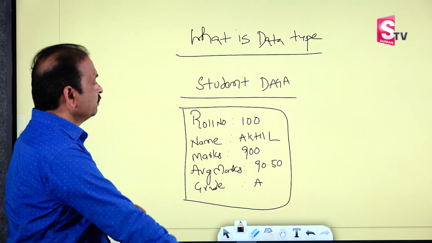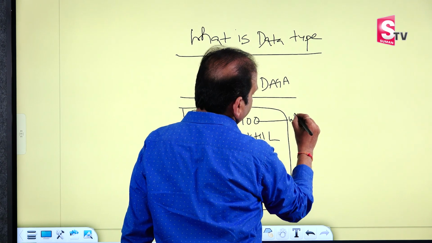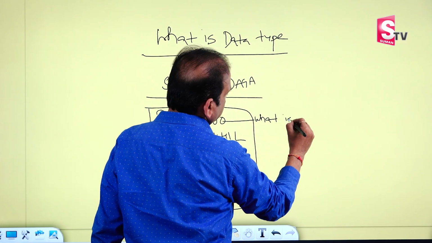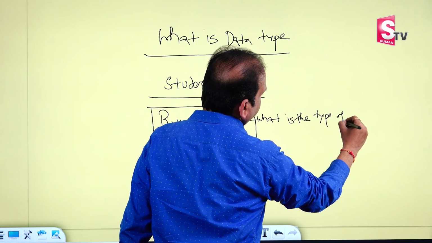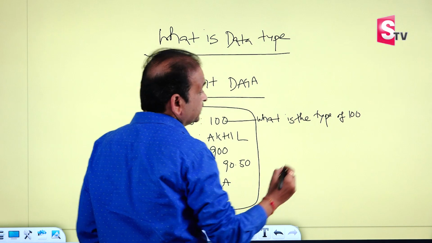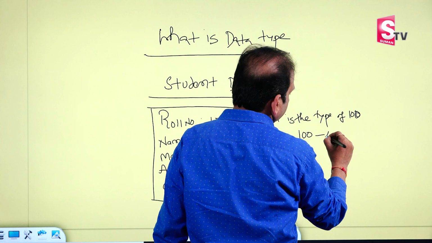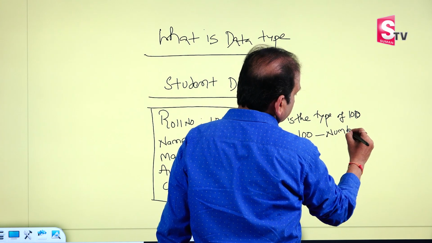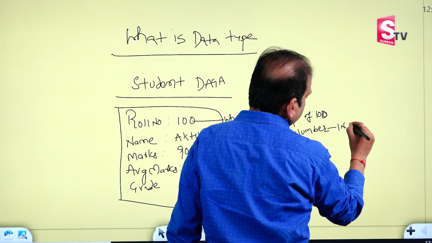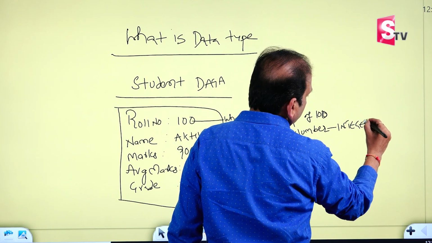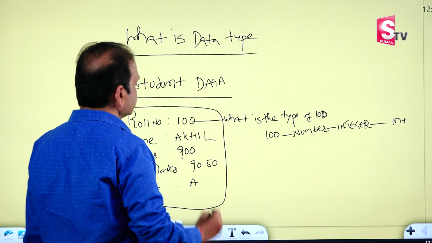For example, I want to know what is the type of 100. The type of 100, generally we say, is a number. 100 is a number. Generally we say number, but in computer science we say integer, and in short we say int. Yes, for example, Akhil.